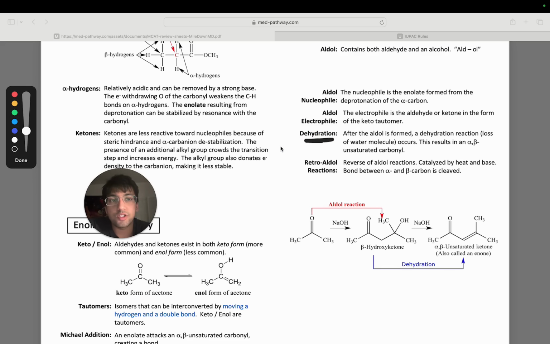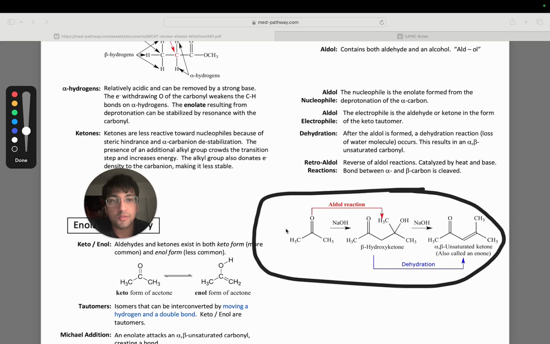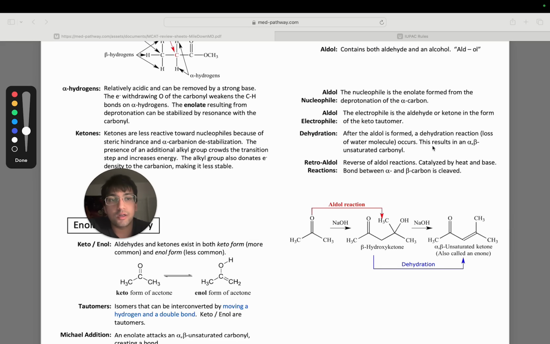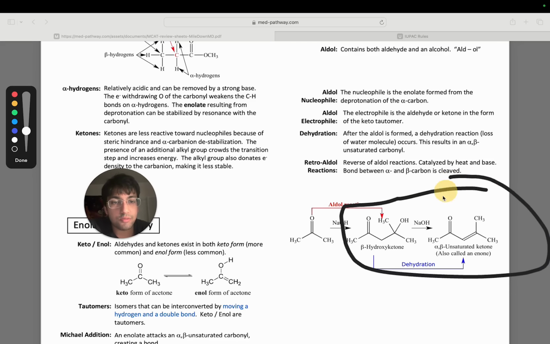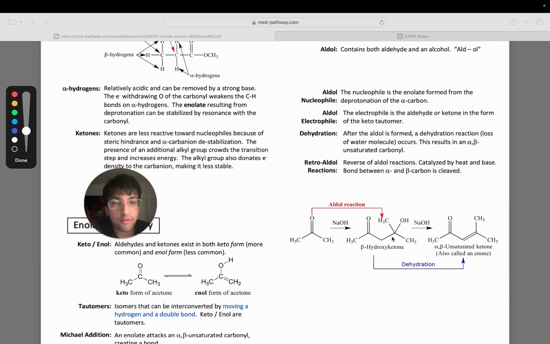Now we have dehydration. Dehydration, which I'll show you over here, is basically when you lose a water molecule, and that happens because you're losing an H and you're losing an OH from two separate places. So let's look at this. This is basically the dehydration part. So you're having this double bond form over here. How is that happening?